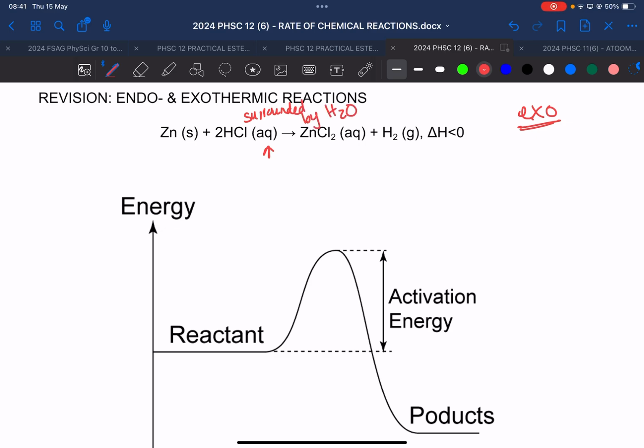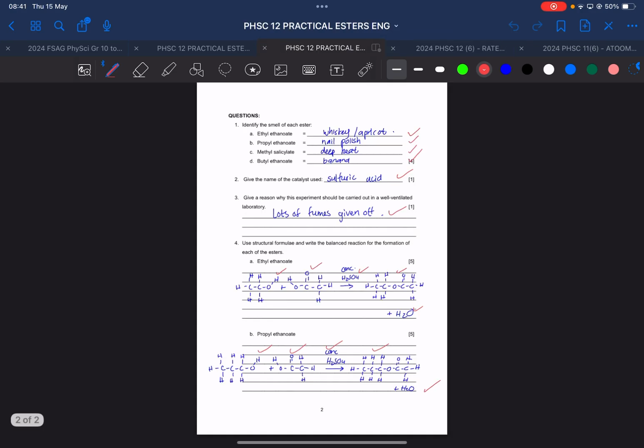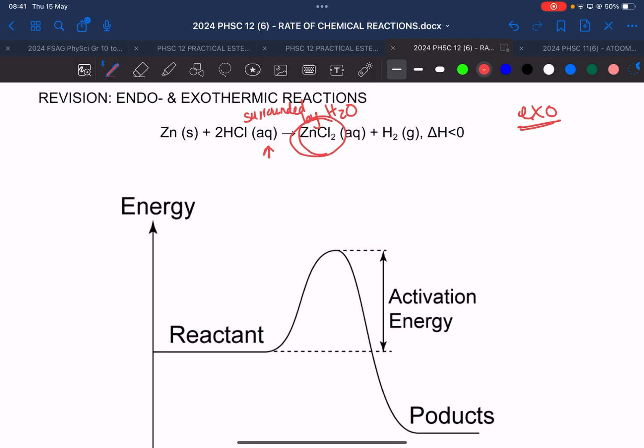So you have the hydrochloric acid that is surrounded by water. So that salt there is aqueous because it's dissolved in that same water, because it's all happening in one beaker, right? And then it gave off hydrogen gas, and you saw that fizzling, and I sent it around and you could feel that it heats up.